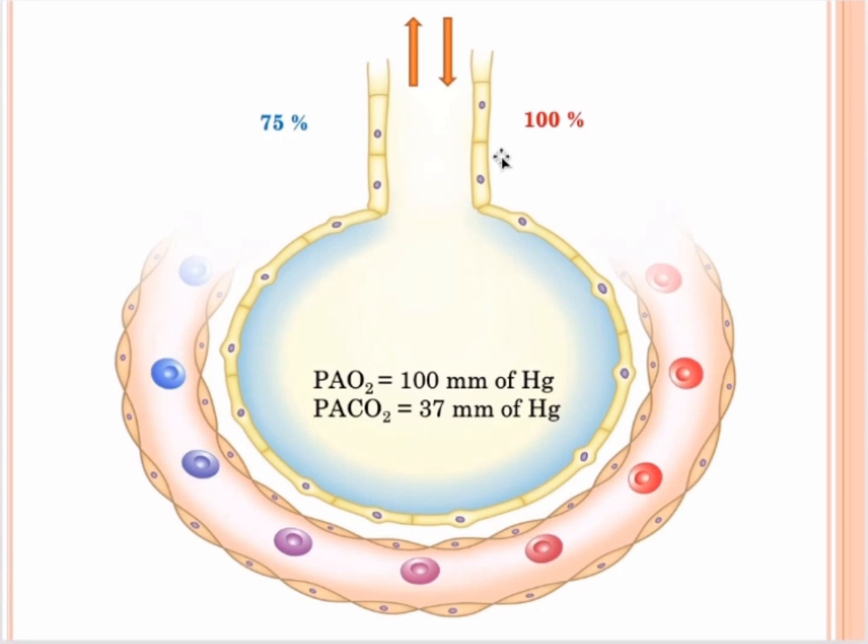So this is a normal alveolus, where the venous oxygen saturation is around 75%, the partial pressure of alveolar oxygen is 100, and the partial pressure of carbon dioxide is 37 in the alveolus. So blood leaving this alveolus is getting oxygenated when the partial pressure of oxygen is around 100. It's a normal thing, and carbon dioxide is removed and oxygen comes in from the alveolus.